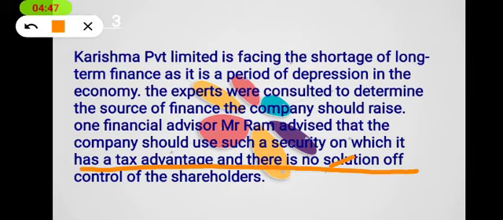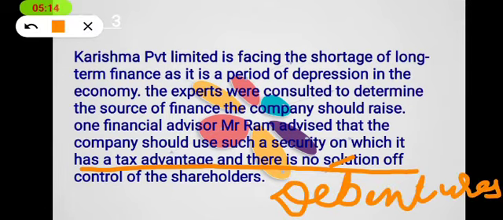So this is the quoted line. You have to write the quoted line because it is also asked in the case that you have to quote lines. So you have to write lines under double inverted commas. So we will quote this line, and this line suggests that Mr. Ram wants to suggest the source of raising funds through debentures. Alright, so the correct answer is debentures here.